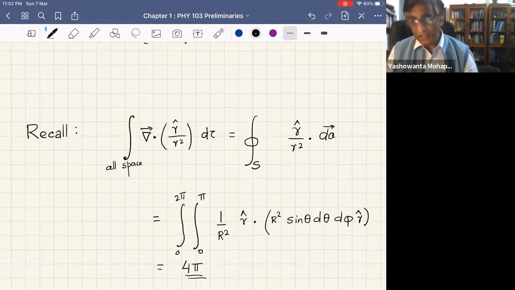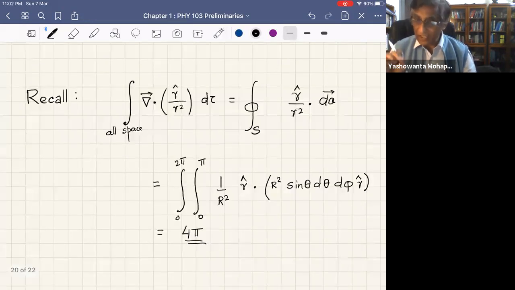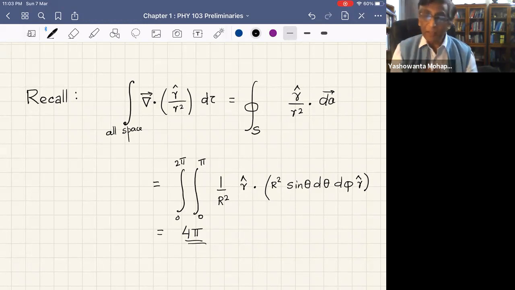Which means this is exactly what a delta function is supposed to do. At the origin, there is a delta function, because the source is there only at the origin and nowhere else. And hence the divergence is 0 everywhere except for r equal to 0. And what is there at r equal to 0? It must give you 4 pi.